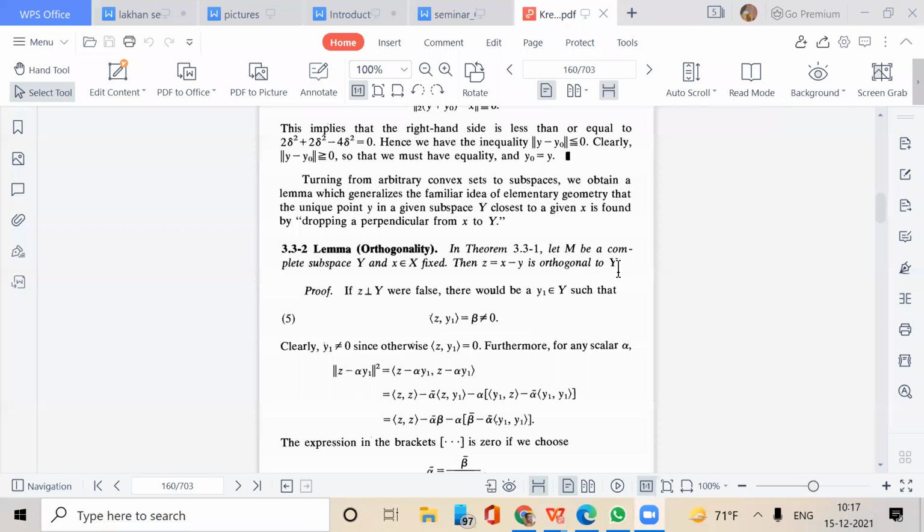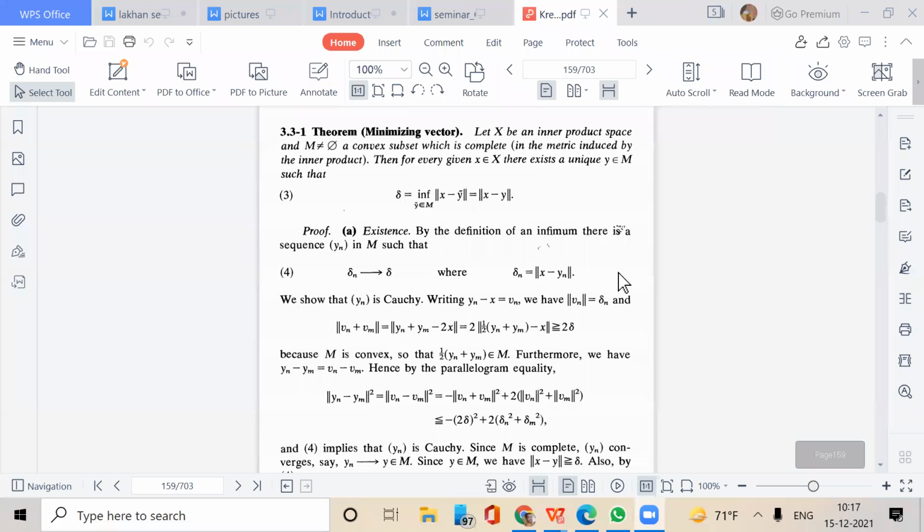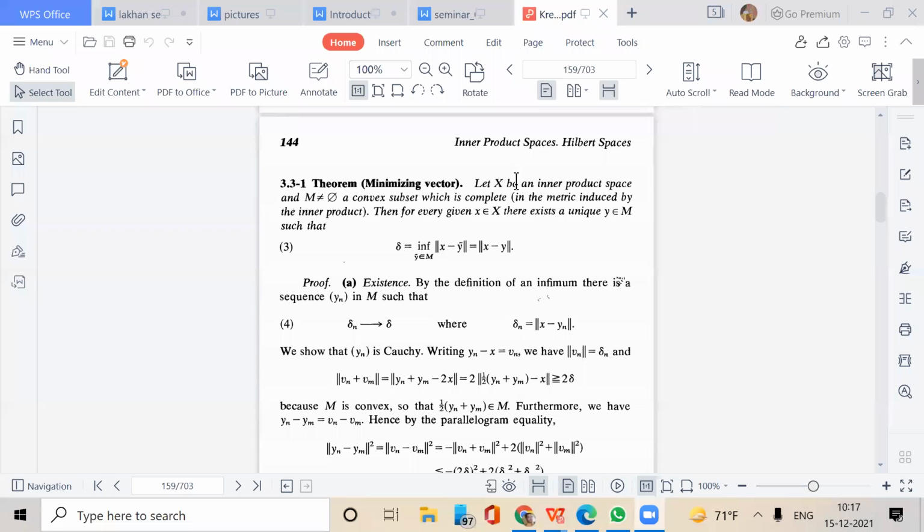In the previous theorem, the one we proved now, called the minimizing vector theorem, let X be an inner product space, M a non-empty convex subset which is complete in the metric induced by the inner product.